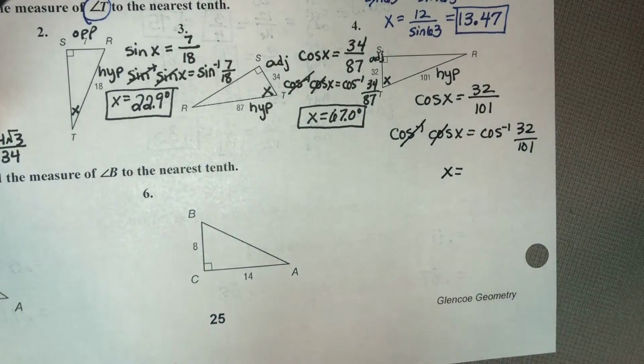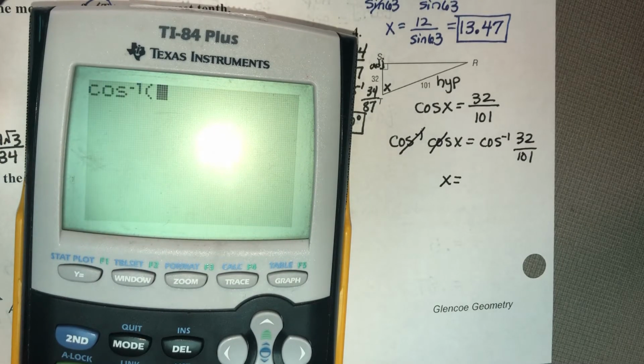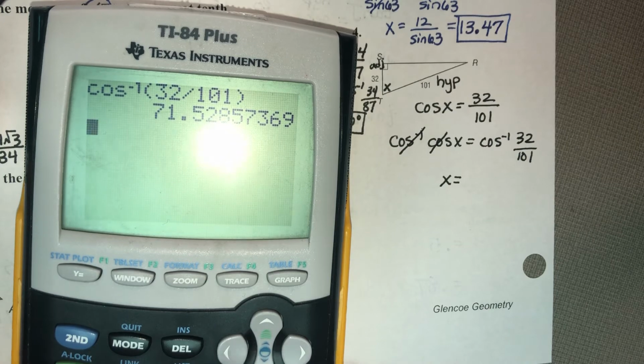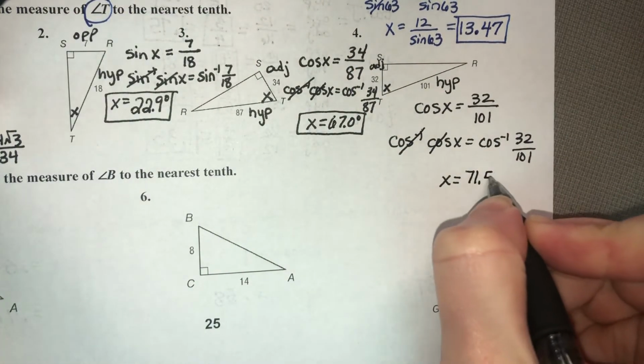And now I'm going to go to my calculator and press second cosine button for inverse cosine. 32 divided by 101. And that gives me 71.5 degrees.